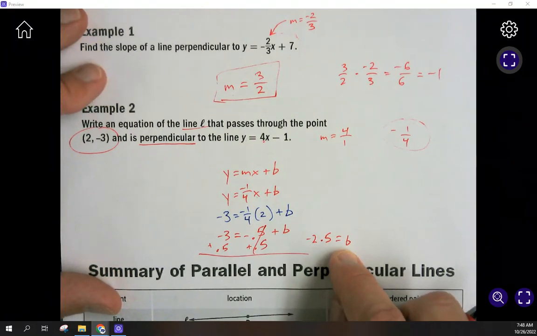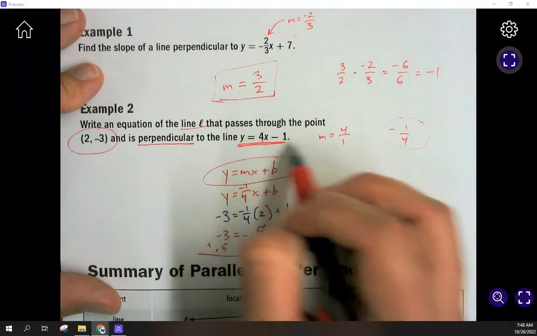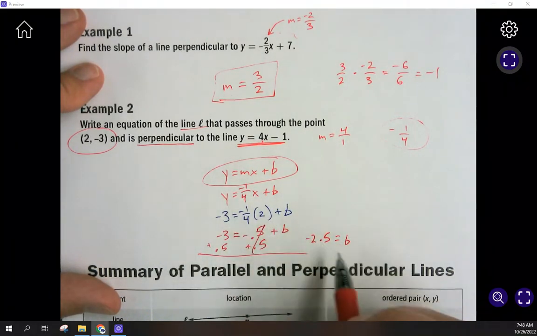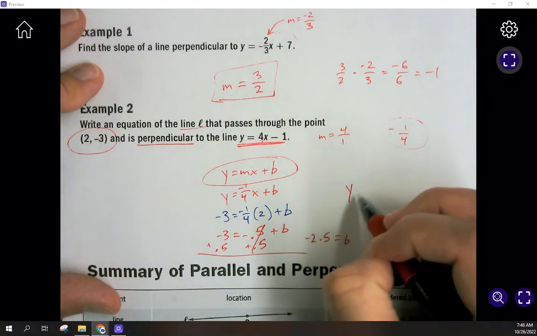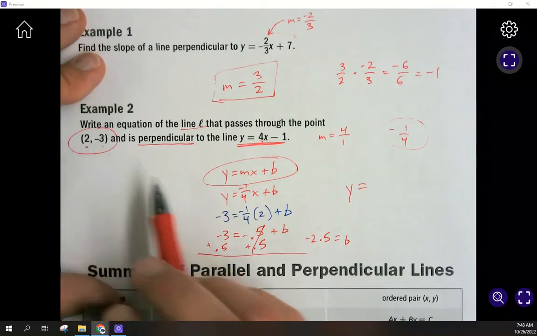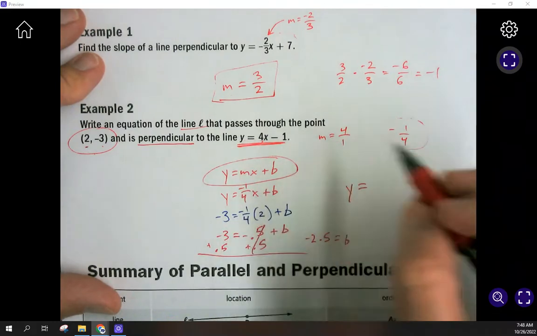And now you go back and you write the original equation in this form, y equals mx plus b. That's how the other line was given to you. The slope we said was -1/4, and we just found the intercept to be -2.5. So you write y equals, we're not plugging in these numbers, that's for one specific point. We want the equation of a line, so for all points. So we leave it a y, we leave it an x.